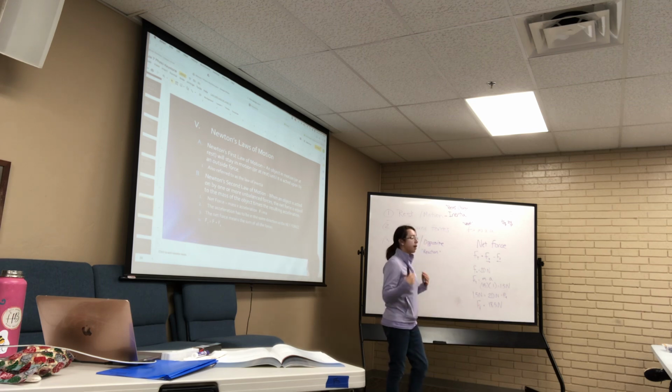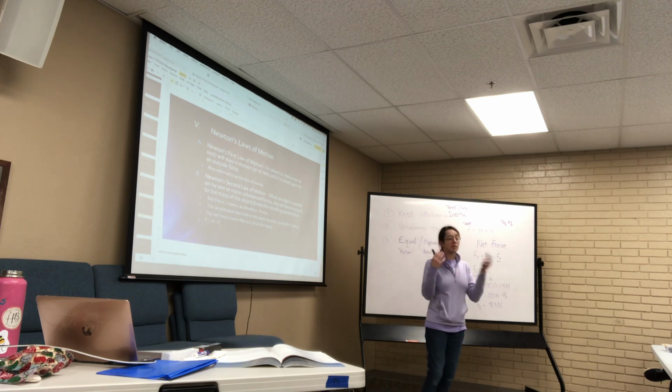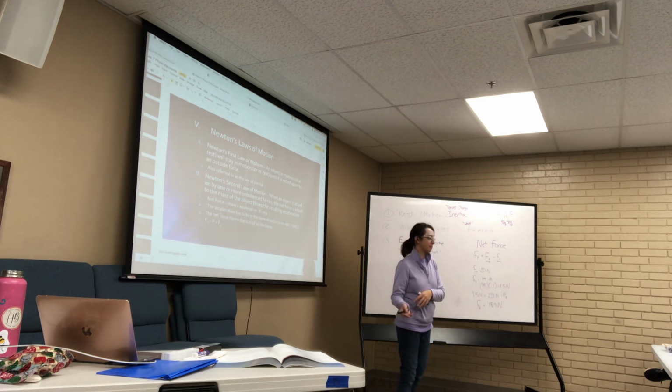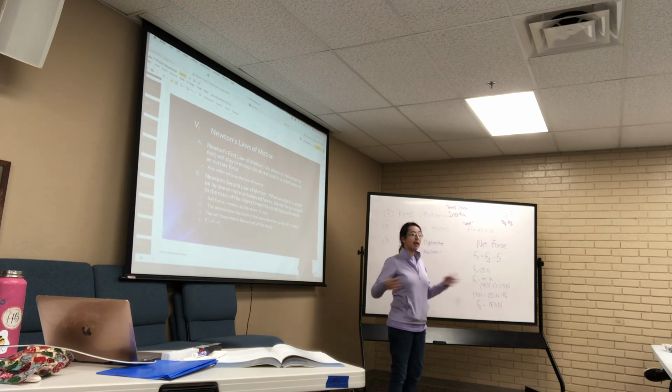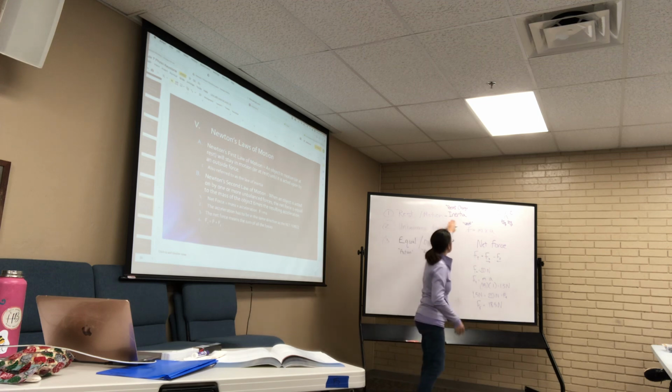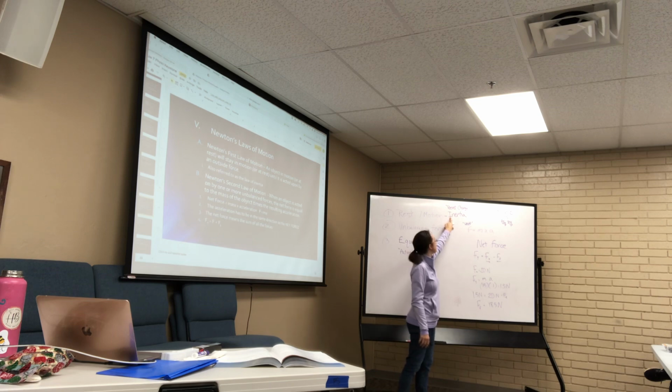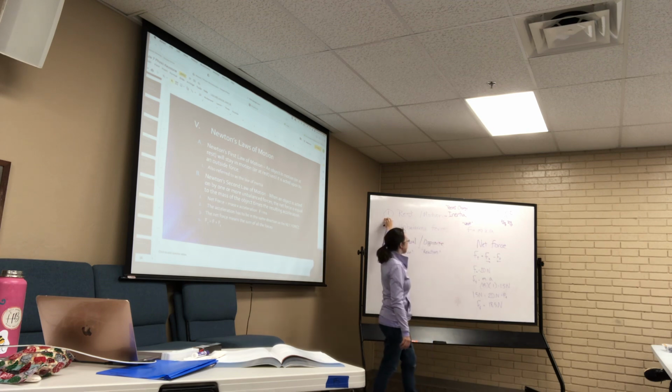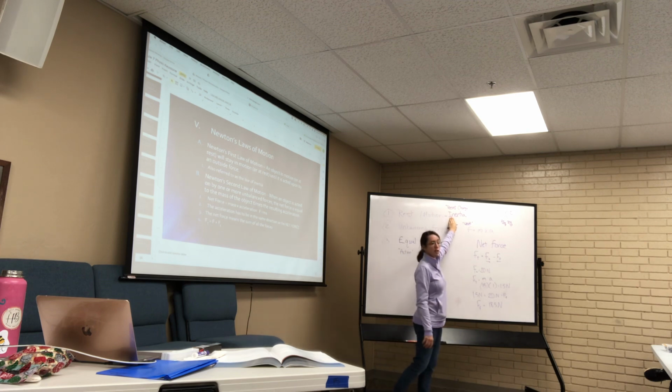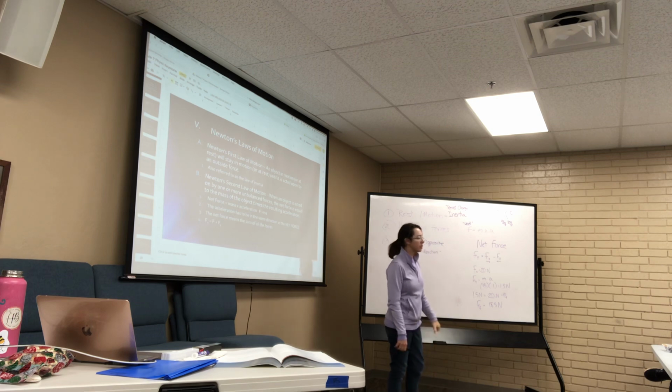So objects want to continue in the same state that they started in. And if they're going to change state, something has to affect it for that change to happen, right? So it's also called the law of inertia. I like to remember it because inertia looks like a Roman numeral 1 if you do a capital I. So the first law is inertia. It can also be called the law of inertia.